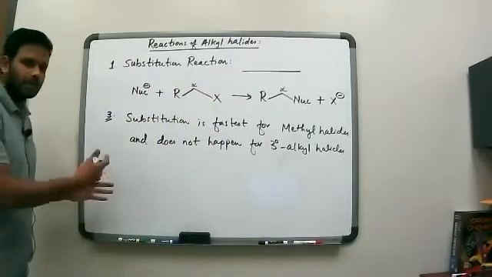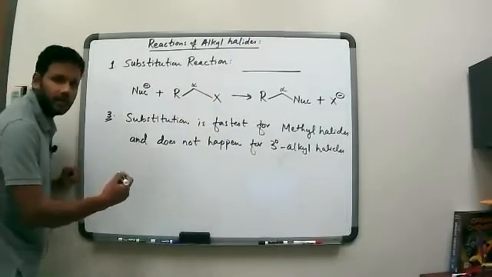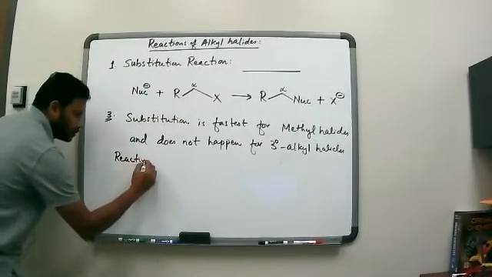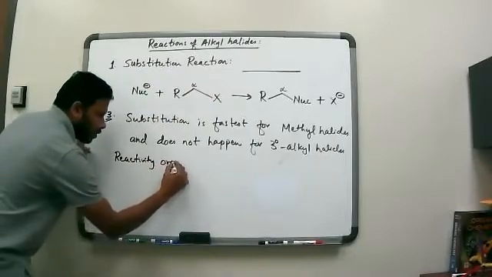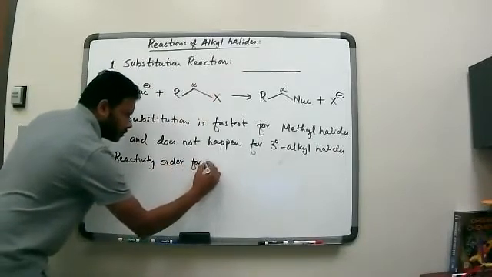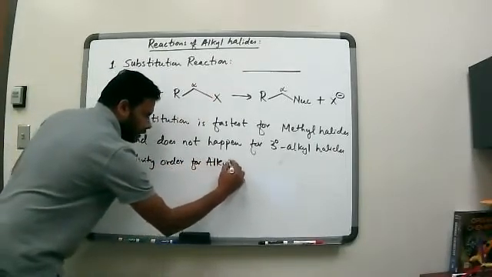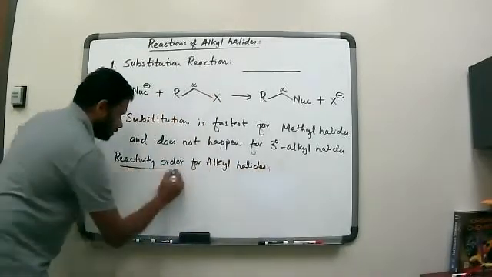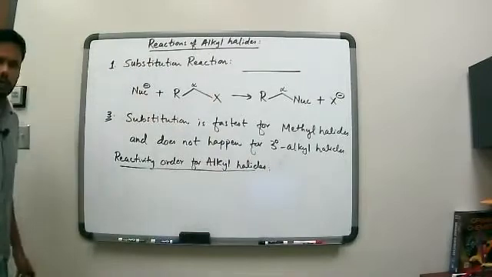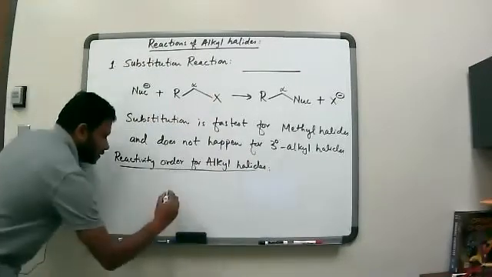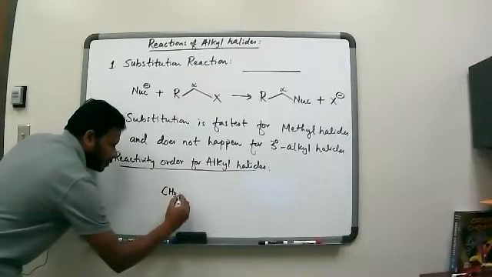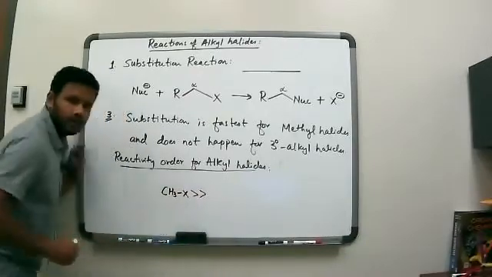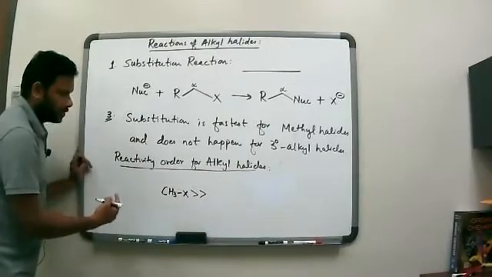this reaction. So you're basically coming up with a reactivity order. So the reactivity order for alkyl halides, okay? The reactivity order for alkyl halides is methyl halide is faster, okay?